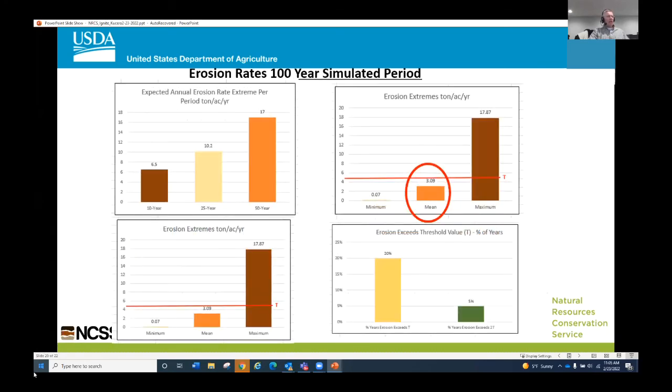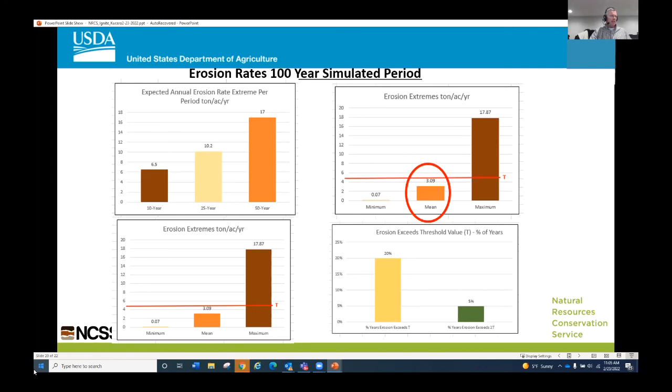Here's another set of statistics that we are proposing for the new WEPS and WEPP statistical reports. One would be what's the expected average annual erosion in a circle. So in our RUSLE2 and WQ models, that's what we get, just the long-term average. With these process models, we could predict 10-year, 25-year, 50-year erosion rates.